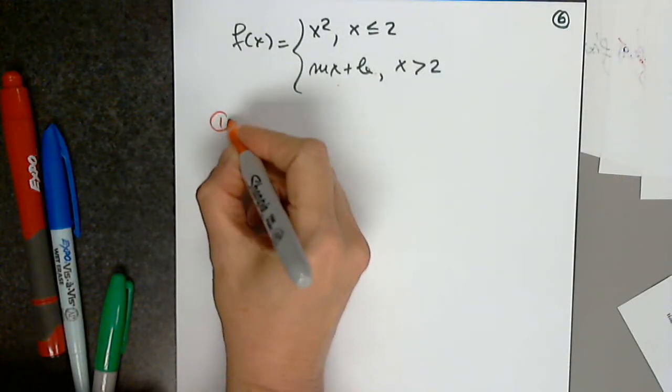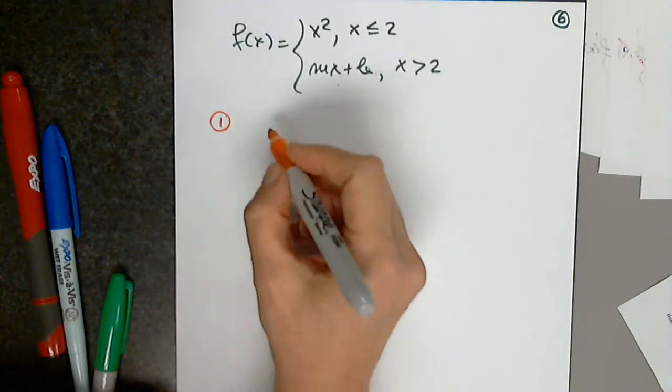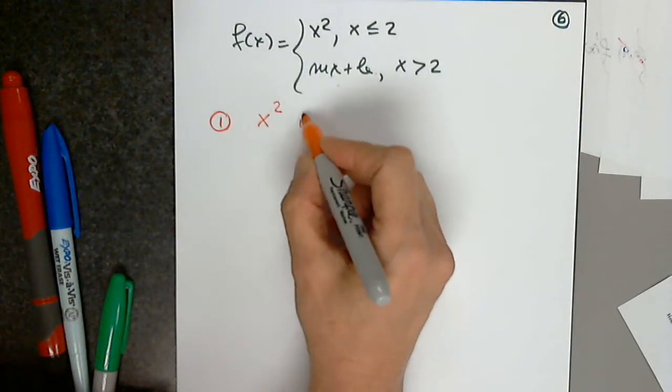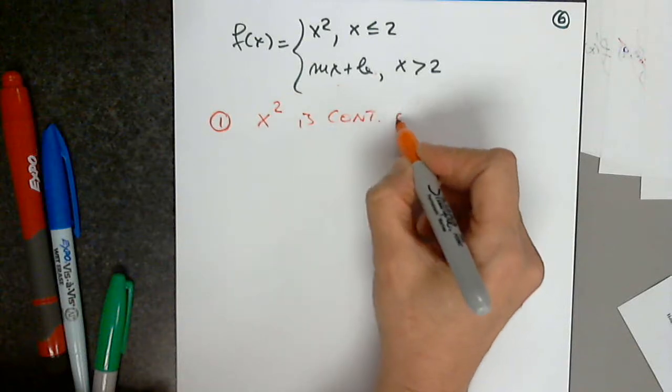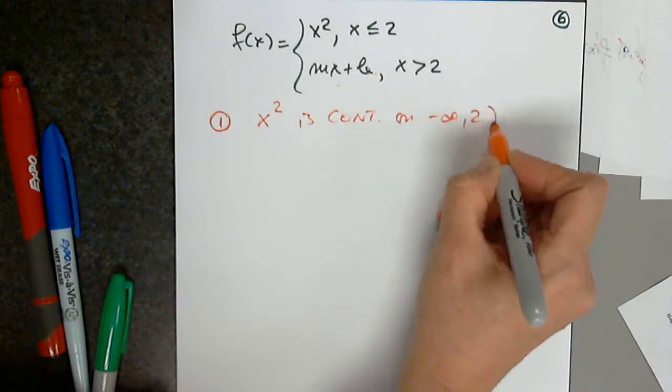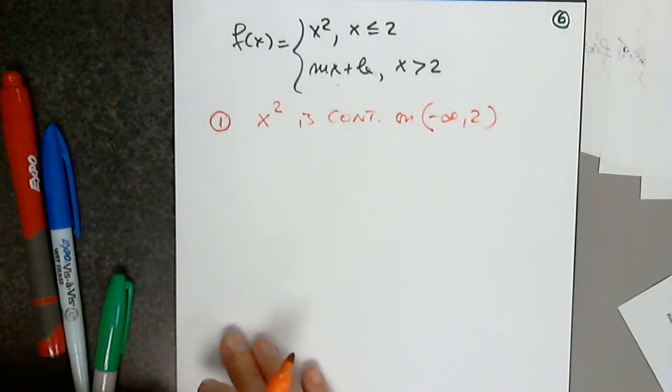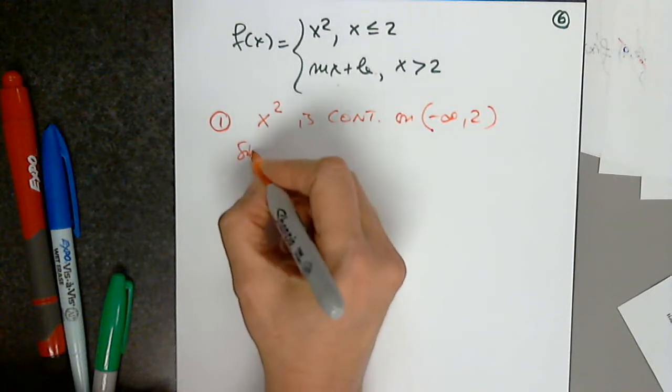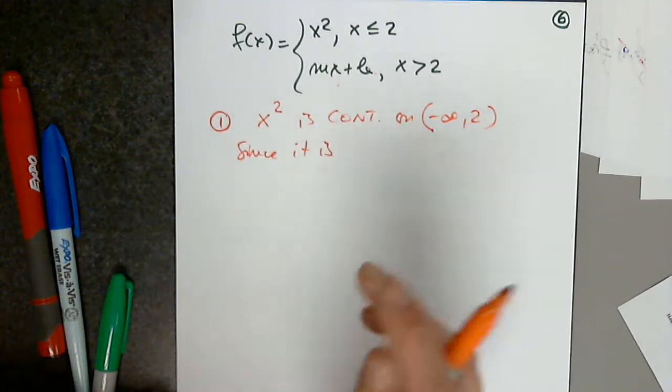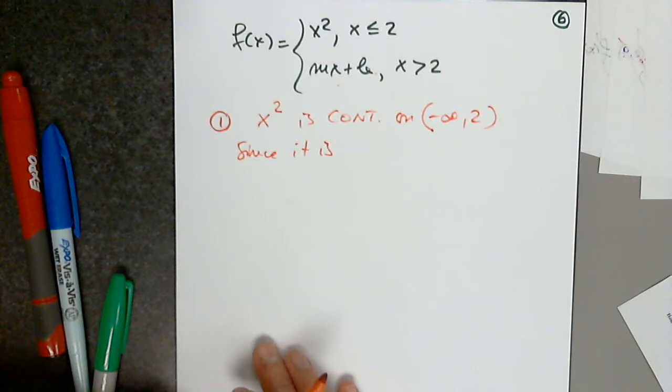So first of all, number 1, I have to write that x squared is continuous on the interval negative infinity to 2, not closed at 2, since it is a polynomial.